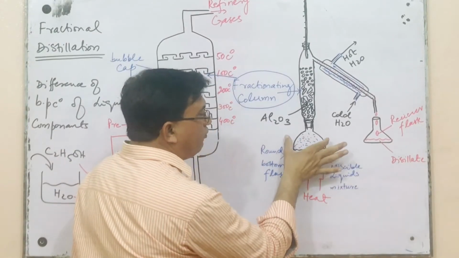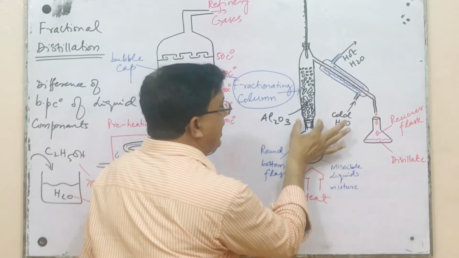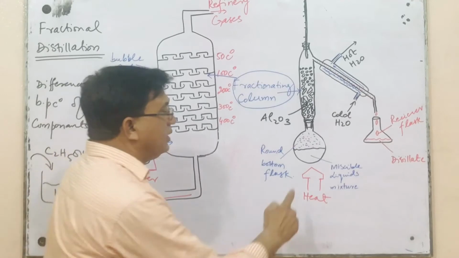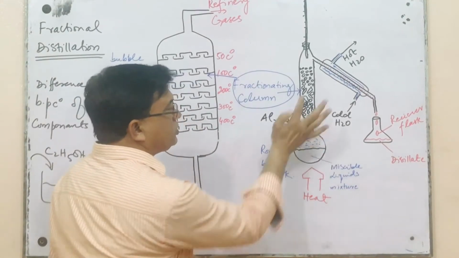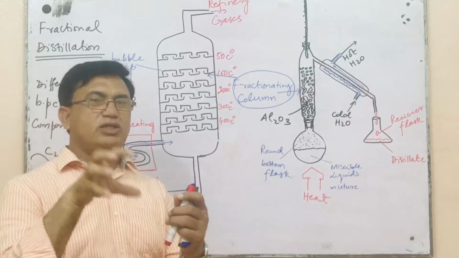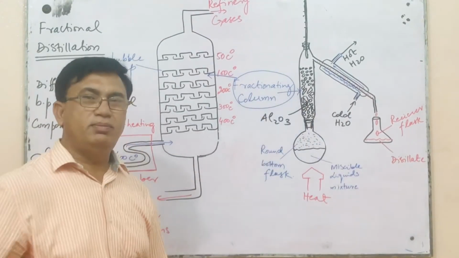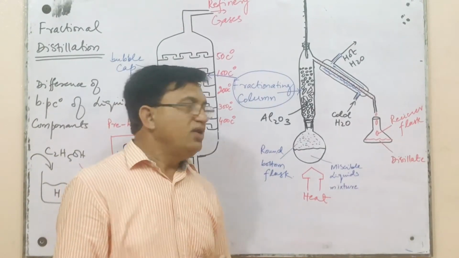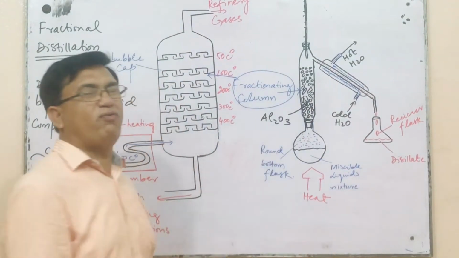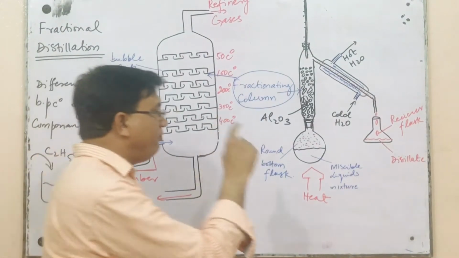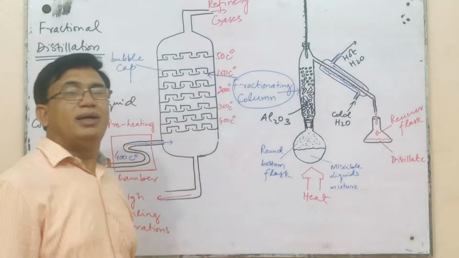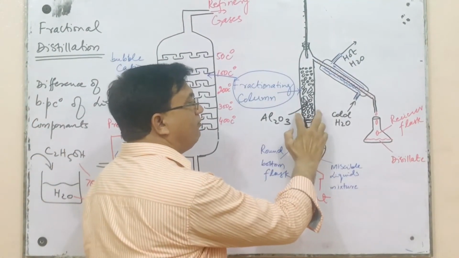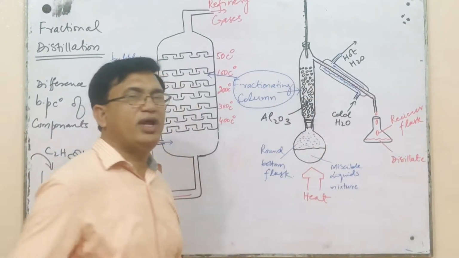Now, both the vapors will enter into this fractionating column. What will happen? Whenever these vapors strike the surface of the beads present in the fractionating column, the component with a high boiling point will condense on the surface of the beads, and the vapors of the low boiling component will remain in vapor form and travel continuously up the fractionating column.